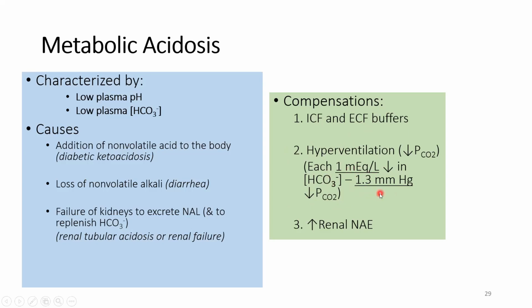I beg your pardon, I've been saying depressed. The PCO2 is decreased by increasing the respiratory rate. So your patient with metabolic acidosis will come to you in the ER hyperventilating, so that the PCO2 is decreased. Be very clear about this.